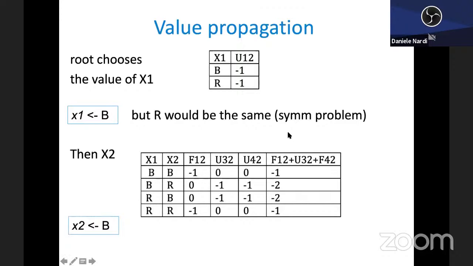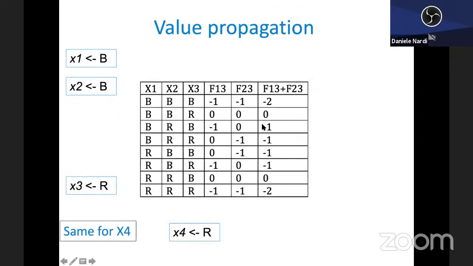So let's see how the process ends. We have one more step. After having chosen blue for X1 and X2, this information is propagated down. And at this point, for the node X3, for example, there are two lines where both X1 and X2 are blue. In these two lines, we have a -2 cost, and we have a 0 cost here. So eventually, X3 will choose the color red, so as to obtain the maximum value, which in this case is 0.